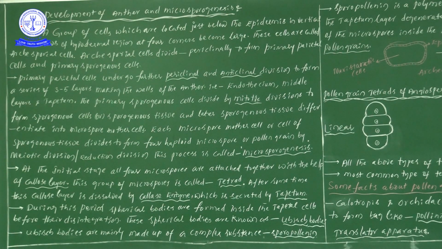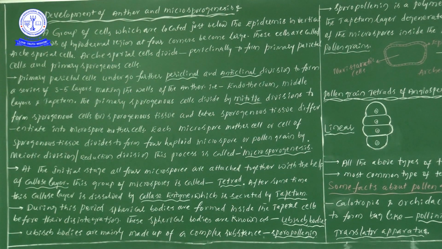Now primary parietal cells, let us concentrate. Primary parietal cells undergo further divisions, one is periclinal division and the other is anticlinal division. Definitions I have already given in the previous video. These divisions form a series of 3 to 5 layers making the walls of the anthers.